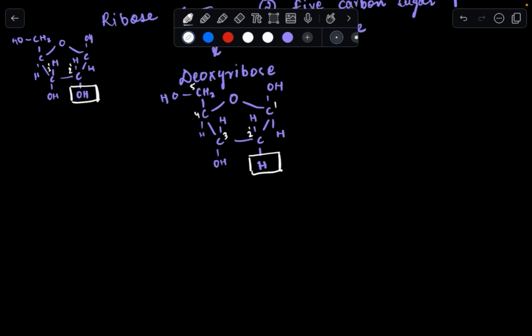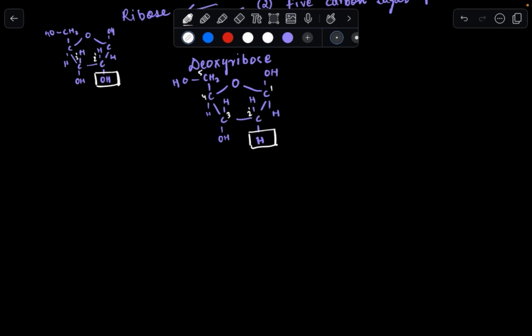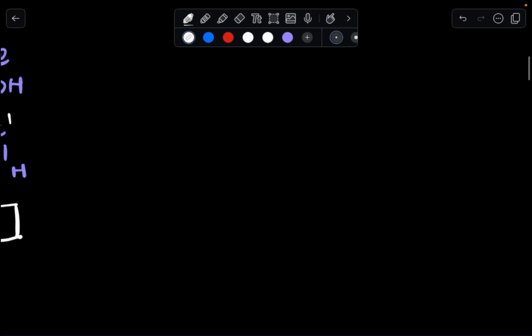Now nucleotides are joined by linking the phosphate on the fifth carbon of the ribose on one nucleotide to the third position of the next nucleotide. Like I can show you how. Let's take an example of deoxyribose.